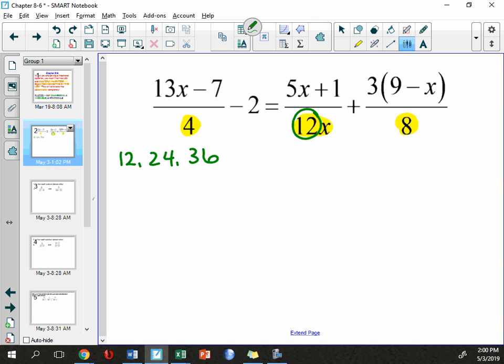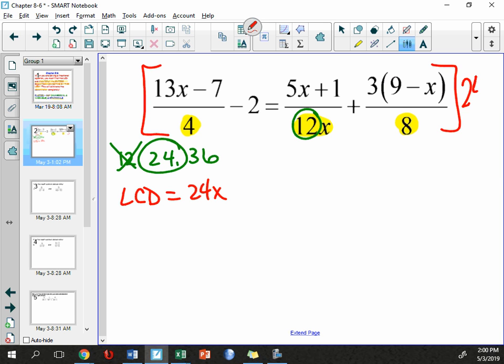Does 8 go into 12? No. Does 4 go into 24? Does 8 go into 24? You know what this tells me? 24 is part of my LCD. What else has to be a part of my LCD? The x also has to be there. Do we understand that? So what you're going to do is multiply this entire equation by 24x.